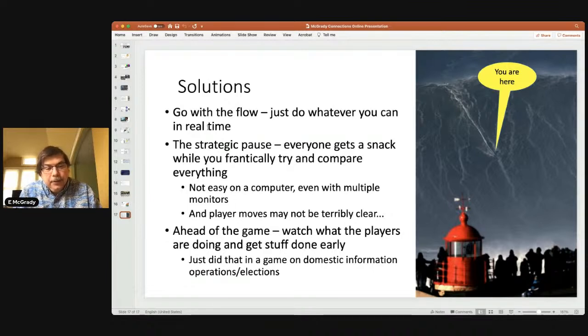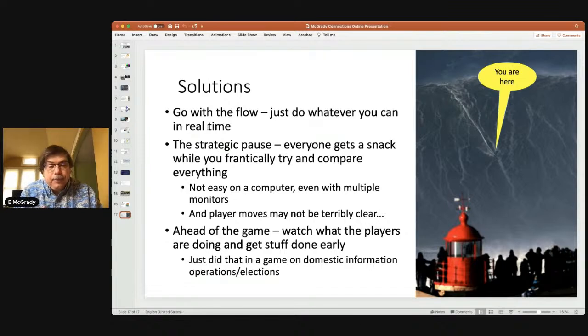The other thing that I began doing recently is watching what the players are doing and try to get stuff done early. If I absolutely know they're going to conduct a strike against the aircraft carrier with a specific set of capabilities, I can adjudicate that ahead of time, and I don't have to do that as part of the actual pause for the adjudication phase.